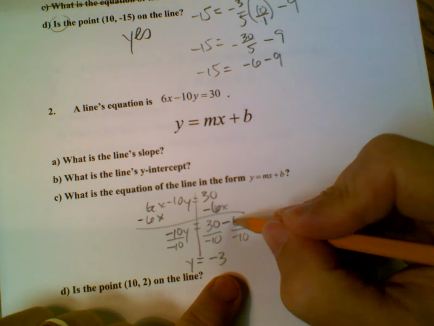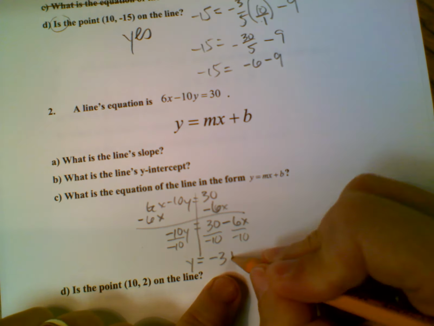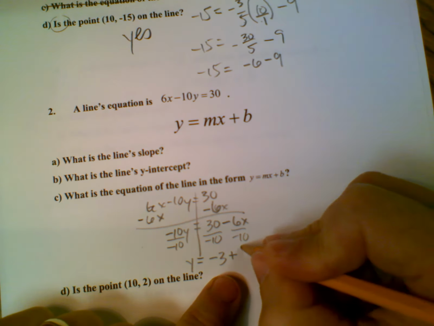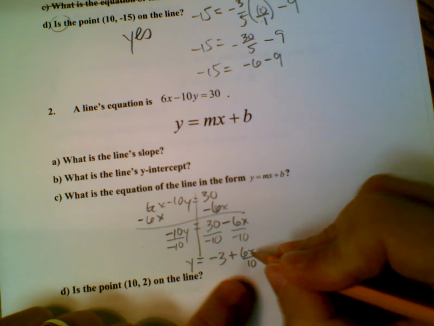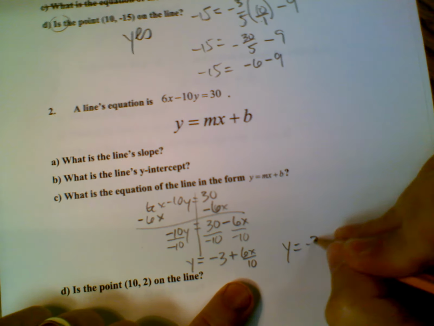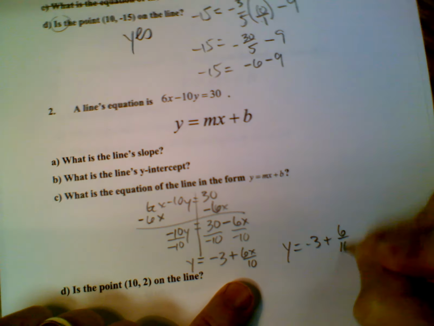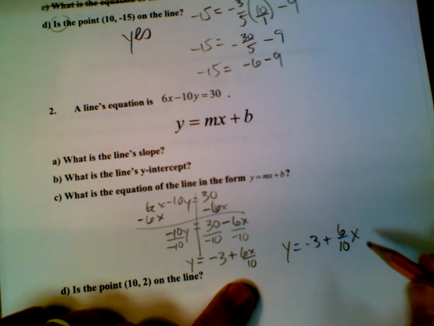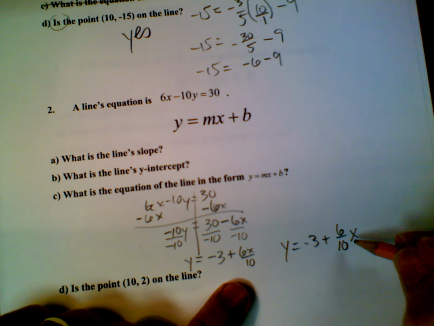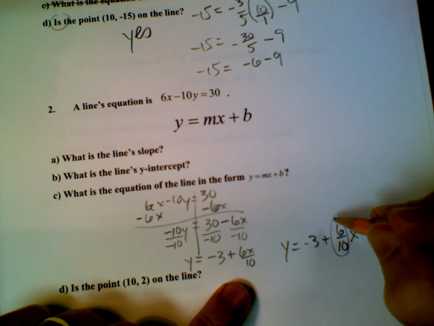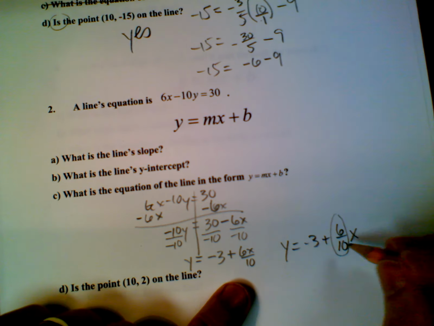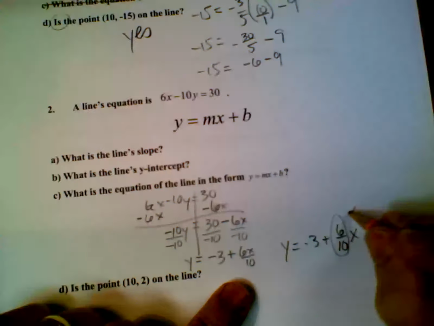A negative divided by a negative is positive. Okay, so plus 6x over 10. Or you could write this as negative 3 plus 6/10 x. You can put the fraction out in front and the x next to it. There's the slope. Now I could answer this question, although this should be reduced, right?